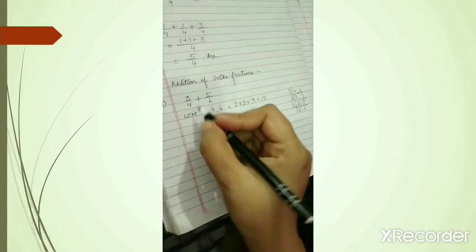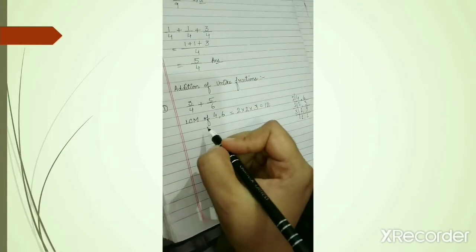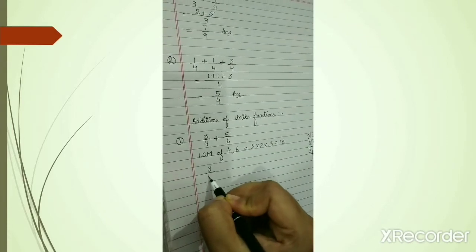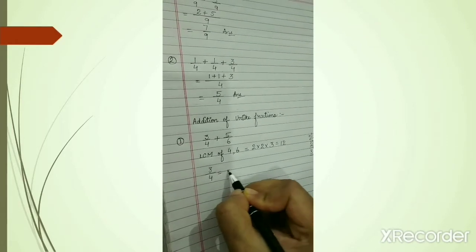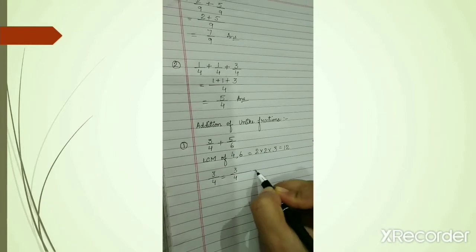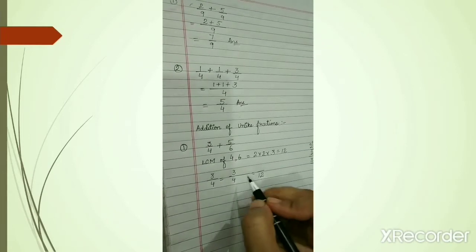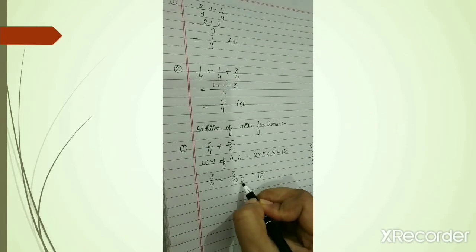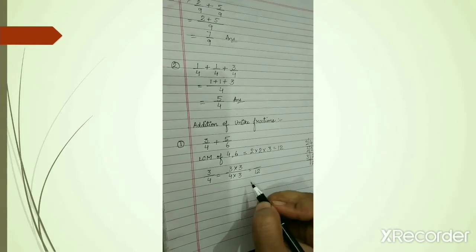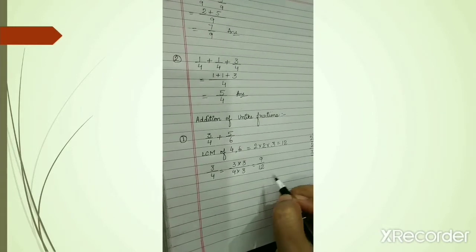Okay, so now convert both the fractions into like fractions. 3 by 4 is equal to, make the denominator equal, that is 12. 4 3s are 12, and multiply the same number in both numerator and denominator. 3 3s are 9.